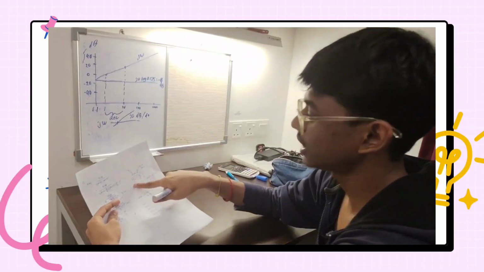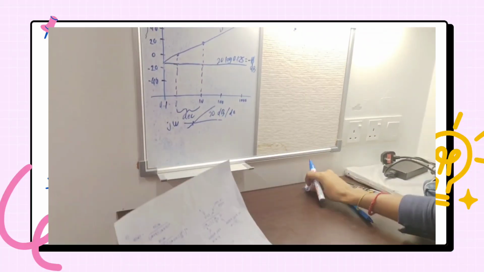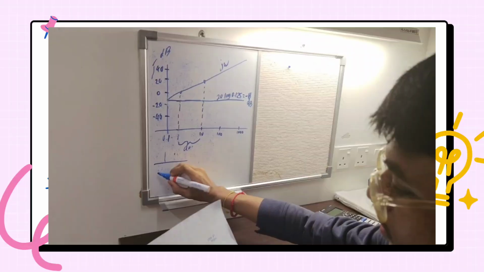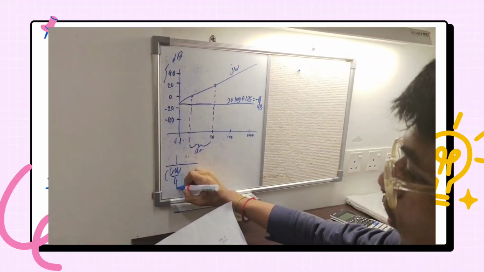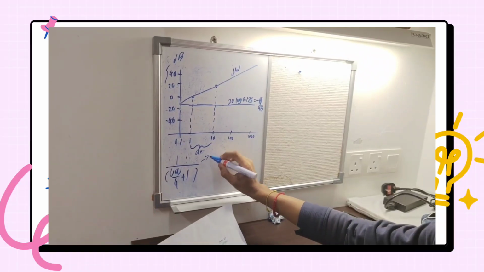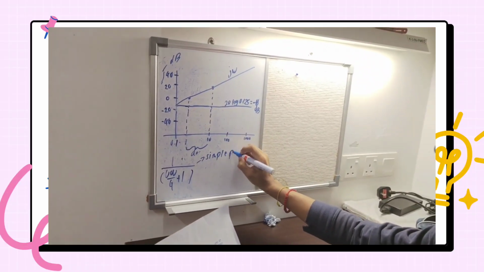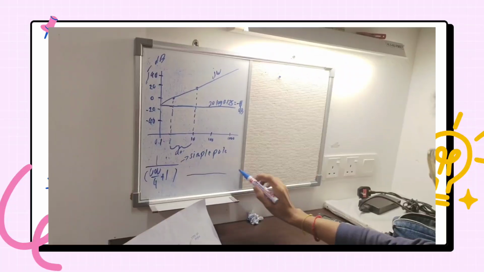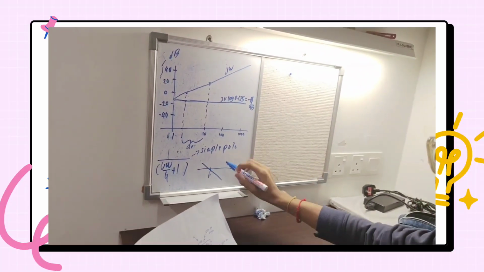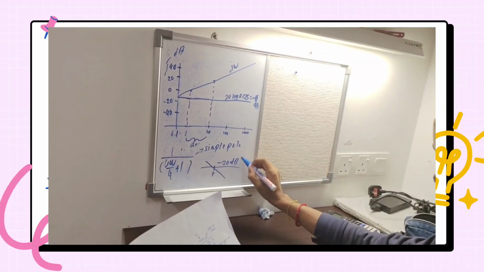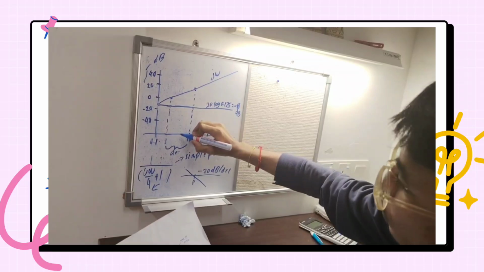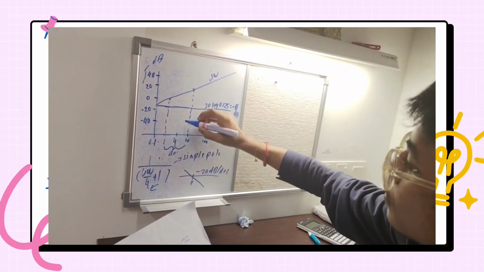After that we have j omega over 4 plus 1, which is 1 over (j omega over 4 plus 1). This is a simple pole. For a simple pole, we decrease 20 dB per decade. There is a 4 in it, so we plot it at 4.